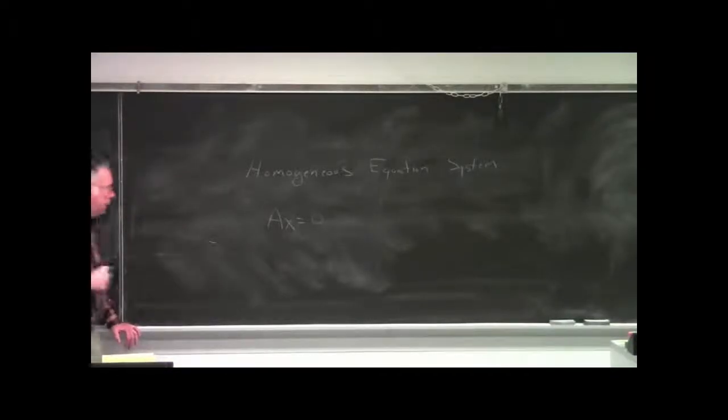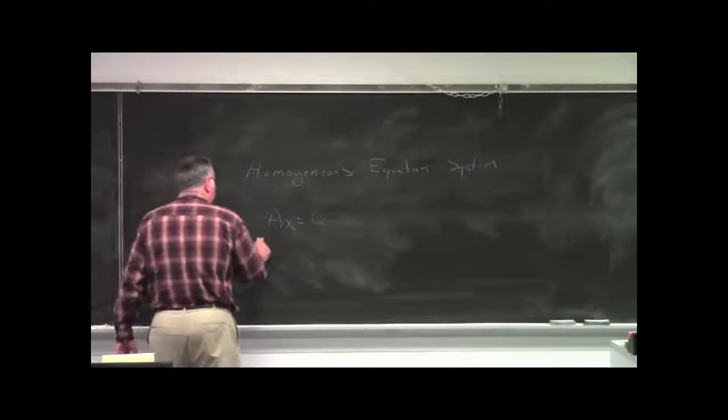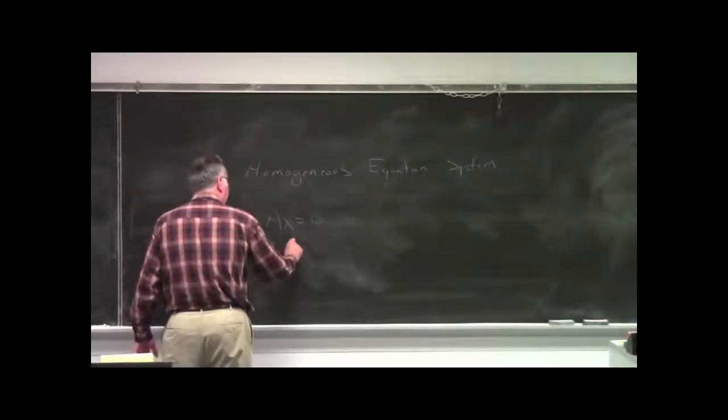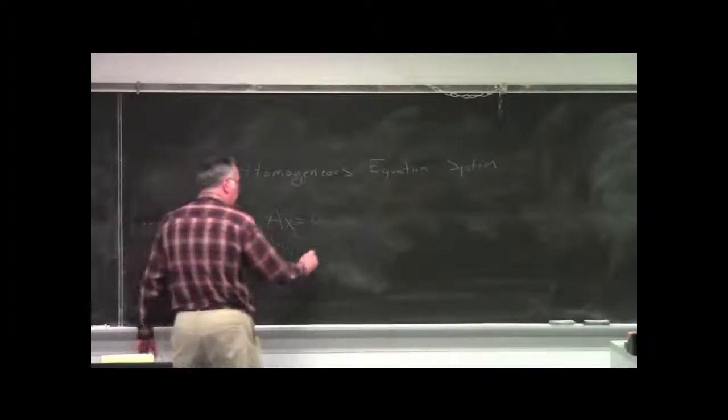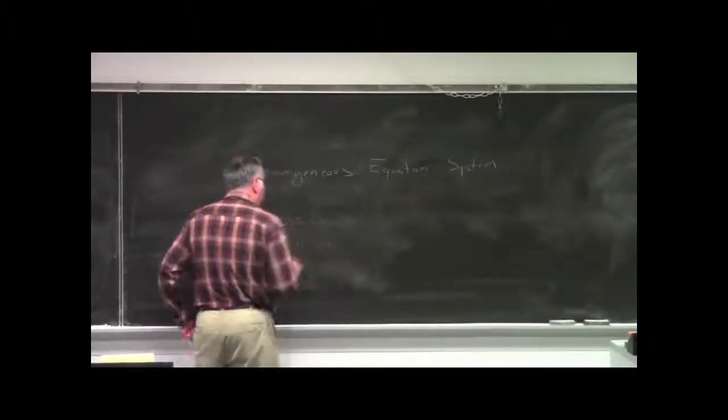Okay, so if A is an n by n, x is an n by 1, then this 0 here is the n by 1 null vector.